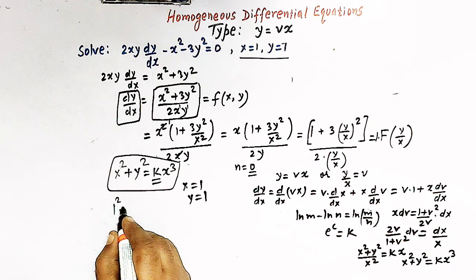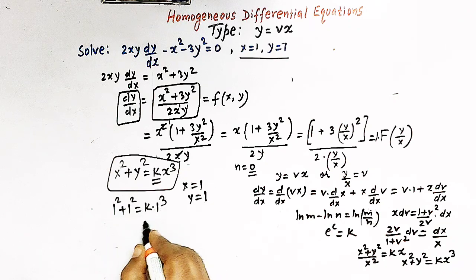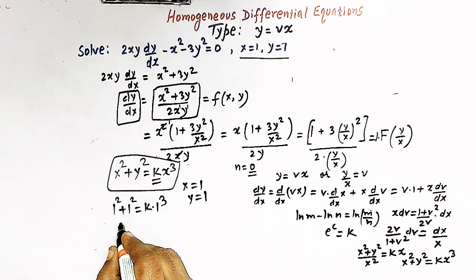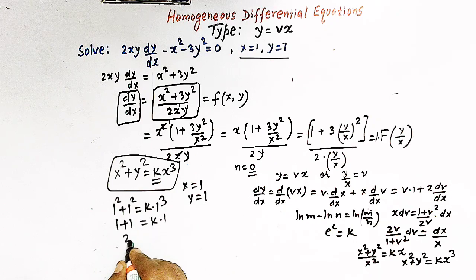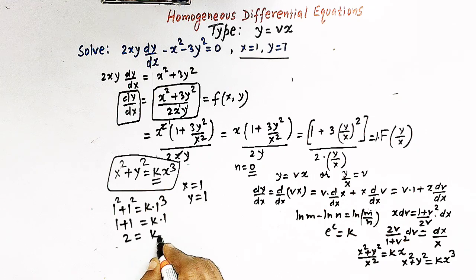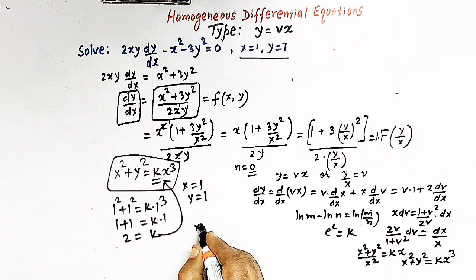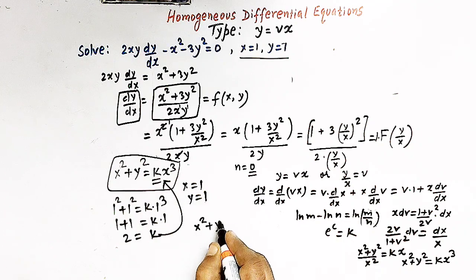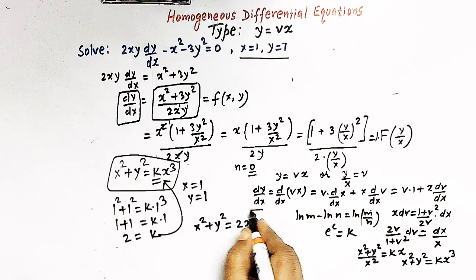So we have 1 square plus 1 square is equal to k times 1 cube. So we have now 1 plus 1 is equal to k times 1, that is 2 is equal to k. Now substituting k is equal to 2 in this equation, we have the particular solution as x square plus y square is equal to 2x cube, right?